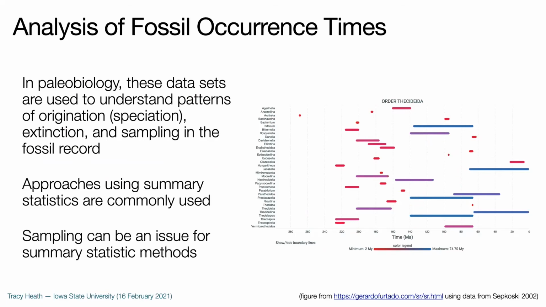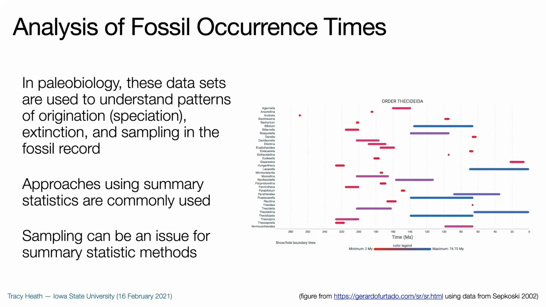In addition, these summary statistic methods don't really account for the sampling process when you have singletons and other things in your data set. So the fossilized birth-death range model really enables us to integrate our understanding of fossil recovery in a much better way than previous approaches had.